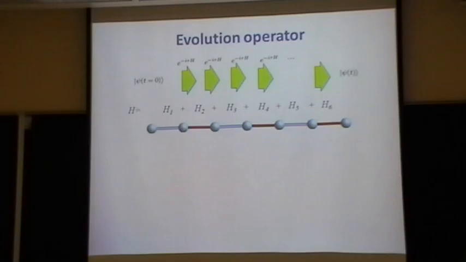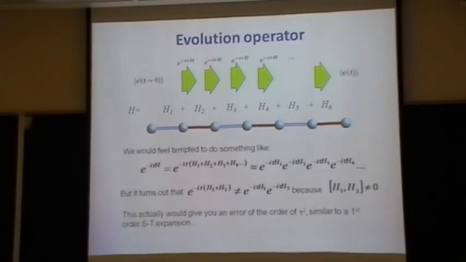So we can split our Hamiltonian into terms that act only between nearest neighbors. We have even terms and odd terms that here I colored in red and blue. What we're going to do is apply the evolution operator on the original state at t0.